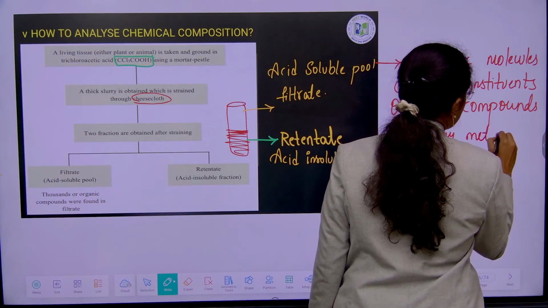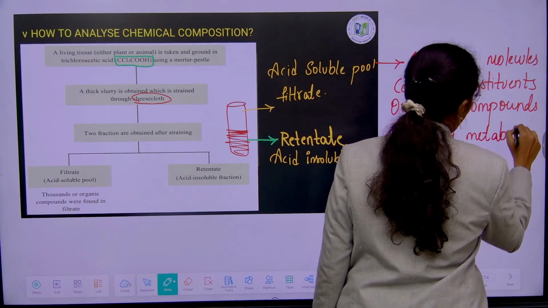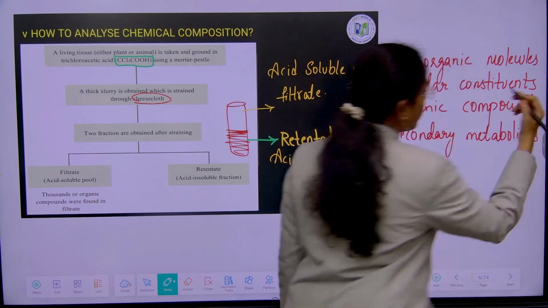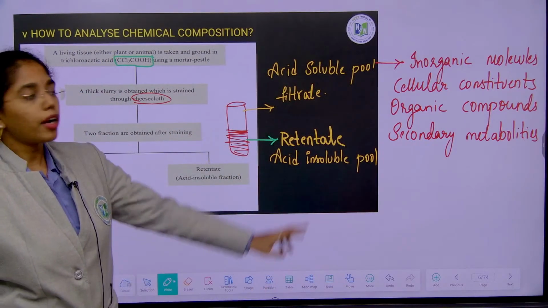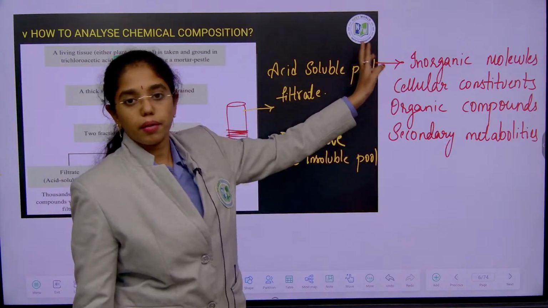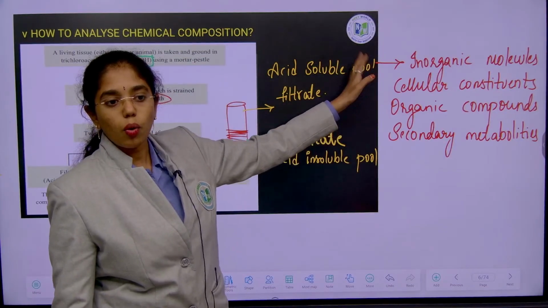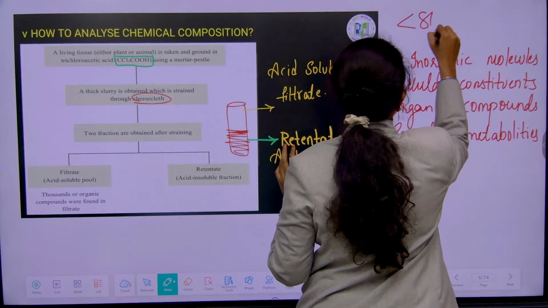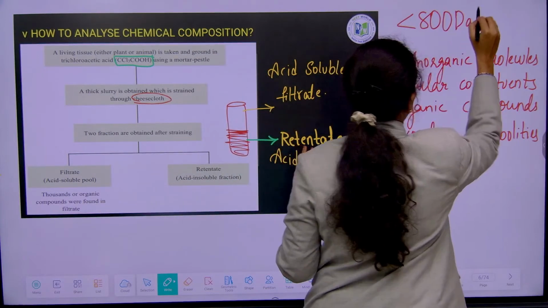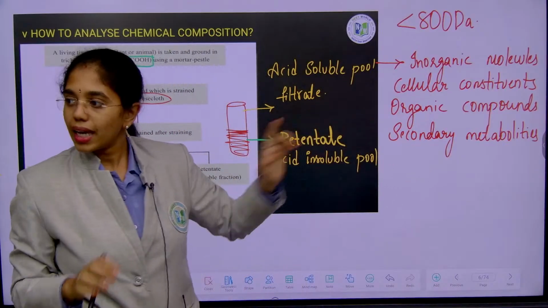This differentiation or clarity is very important. Then what do you see in the acid insoluble pool? And all this molecular weight, in how many Daltons? What is the molecular weight of this? It will be less than 800 Daltons, all the components inside a cell, right?